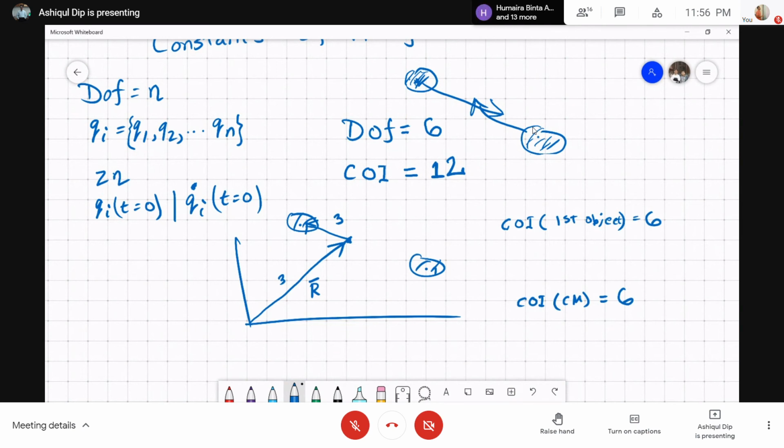So usually we do Cartesian coordinates for the center of mass, and we do polar coordinates for the rest.